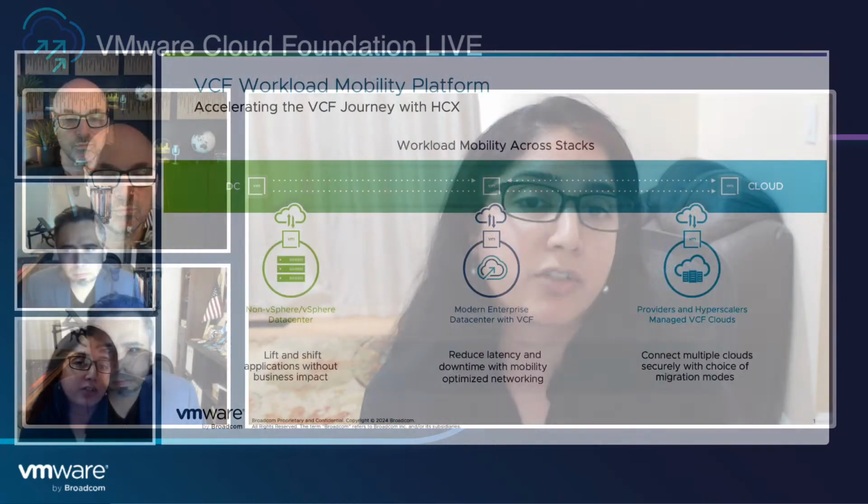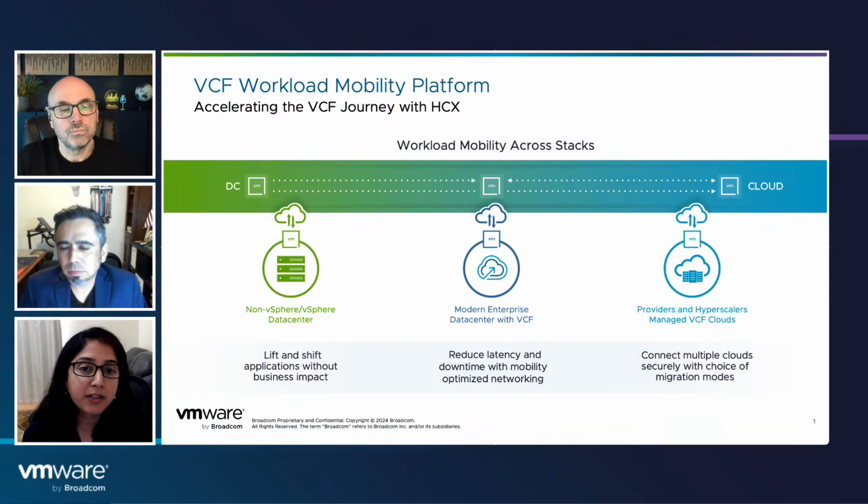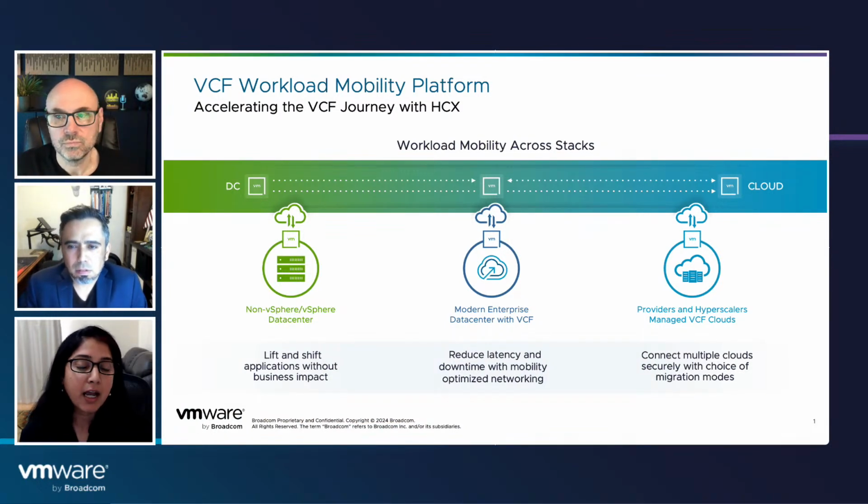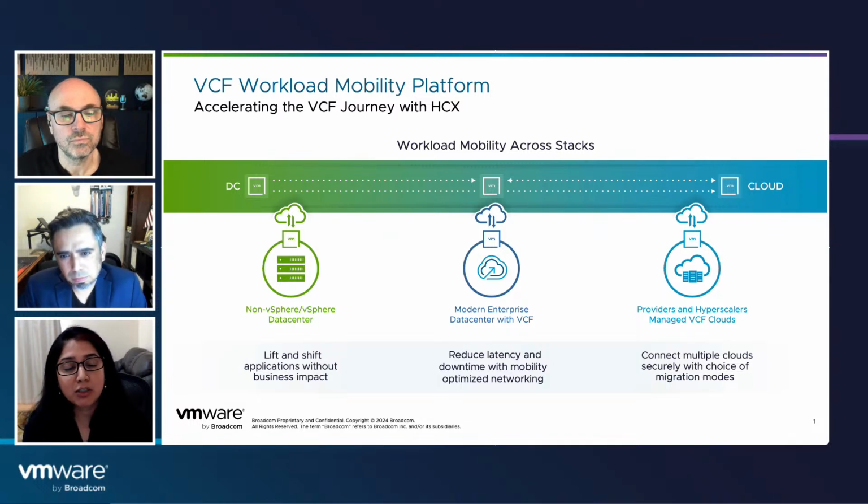So to reiterate, HCX is used for both workload migration and mobility, and it integrates very closely with vCenter on both sides, generally speaking. And you can migrate across any vSphere versions, specifically vSphere version 6.5 and up. And if you ask me why that's important, it eliminates the need to invest in bringing both sides up to parity and enables you to modernize your data centers with that full software-defined stack.